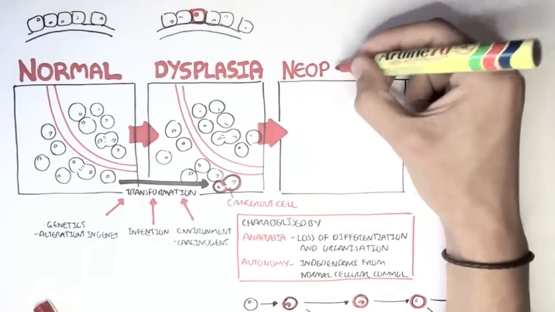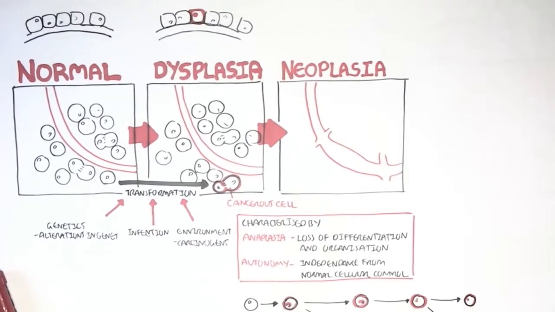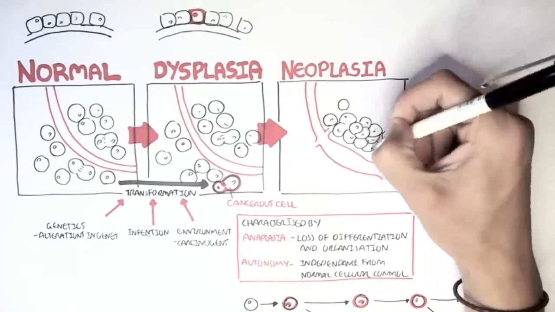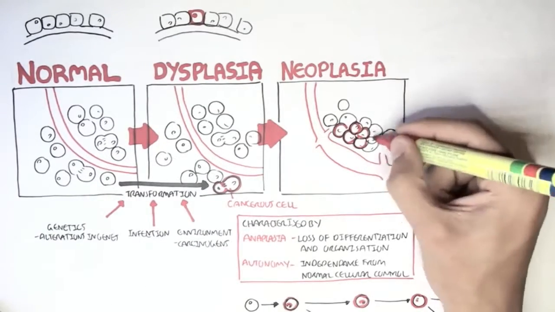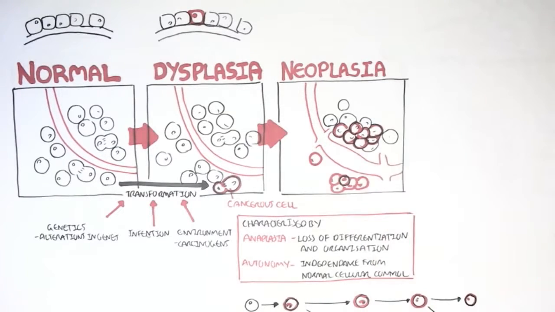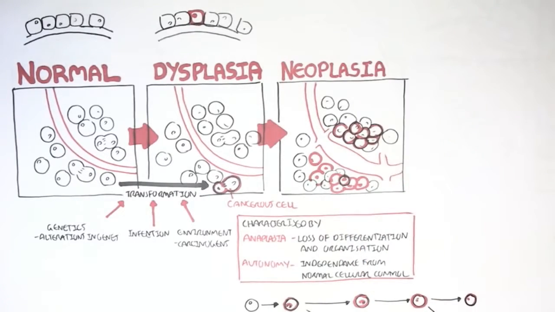So essentially, after dysplasia, as the cancer cells multiply and proliferate very rapidly due to the characteristics of autonomy and anaplasia, the tissues can develop and become a neoplasia, a tumor. Because remember, neoplasia and tumor means new growth.